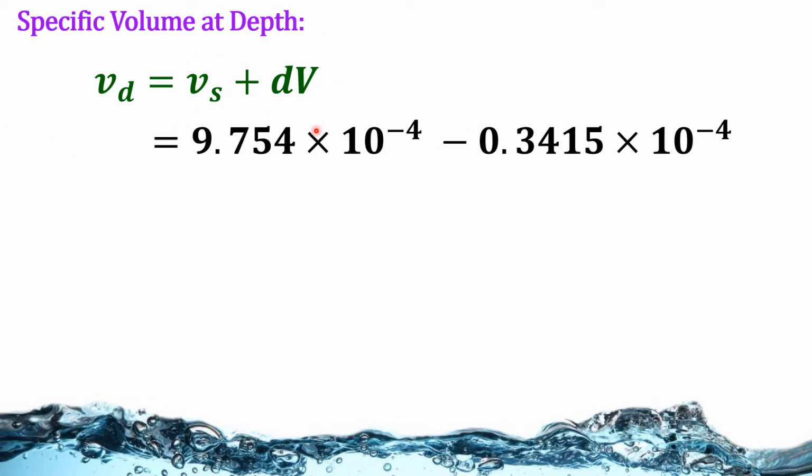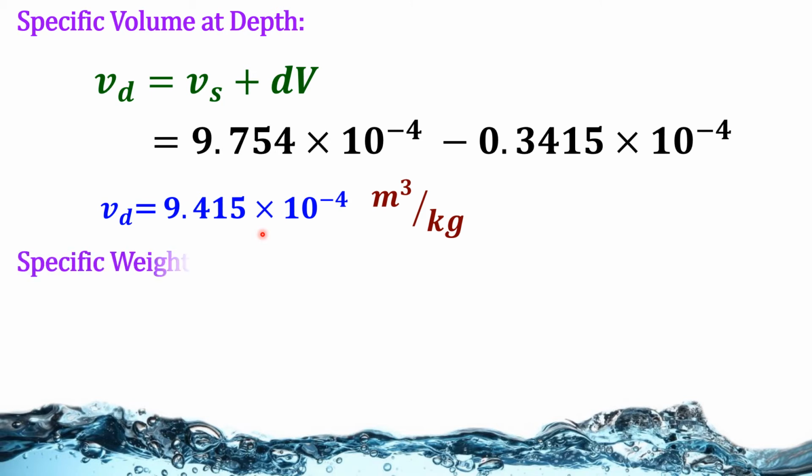Next, we calculate specific volume at the depth, where Vd is equal to Vs plus dV, where Vd is the specific volume at the depth and Vs is the specific volume at the surface. Now, we know the Vs value and dV value. Substituting, we get specific volume at the depth as 9.415 into 10 to the power minus 4 meter cube per kg.